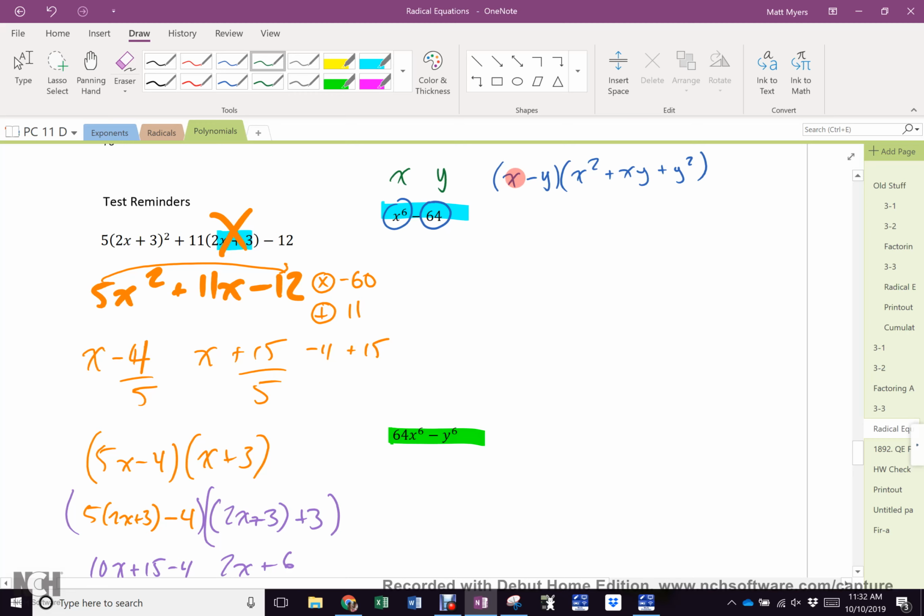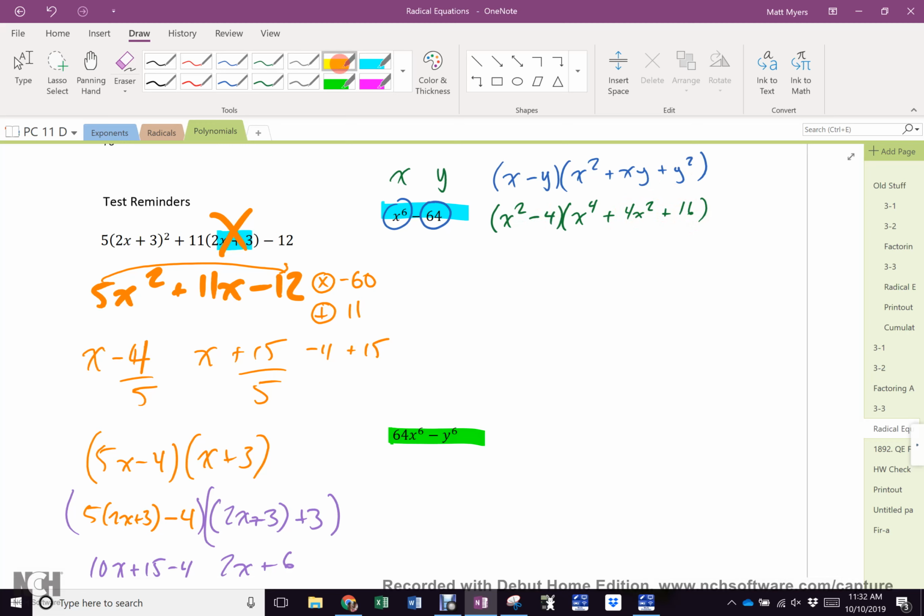X is obviously the cube root of this, which is x squared minus 4, the cube root of that. Then x squared squared, x to the 4th, plus x times y, 4x squared, plus y squared, 16.